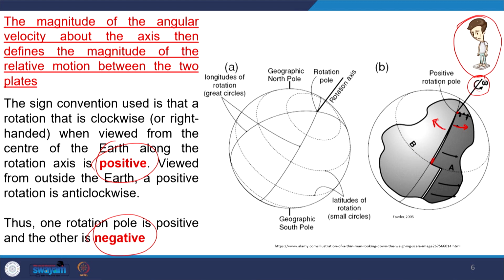That means this same Euler's pole may be a positive pole for plate A, and the same Euler's pole is a negative pole for plate B. So, if an observer is observing from outside the earth and the motion is recorded anti-clockwise, it is a positive pole, and if the motion is clockwise, it is a negative pole.